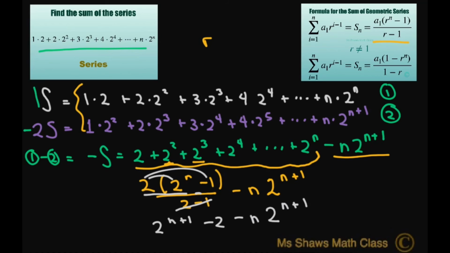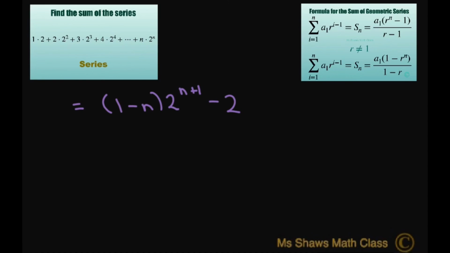Okay, the next step I'm going to do is factor. I'm going to group these two together and factor out a 2 to the power of n plus 1. And when you do that, you're going to get 1 minus n. So this equals 1 minus n times 2 to the power of n plus 1, and we still have this negative 2.